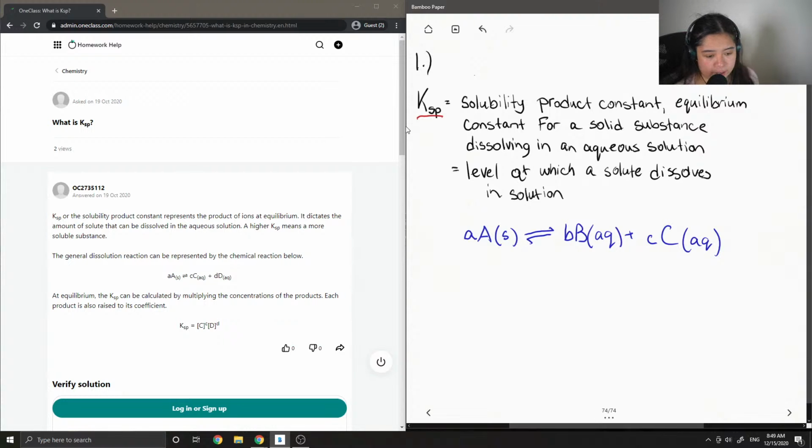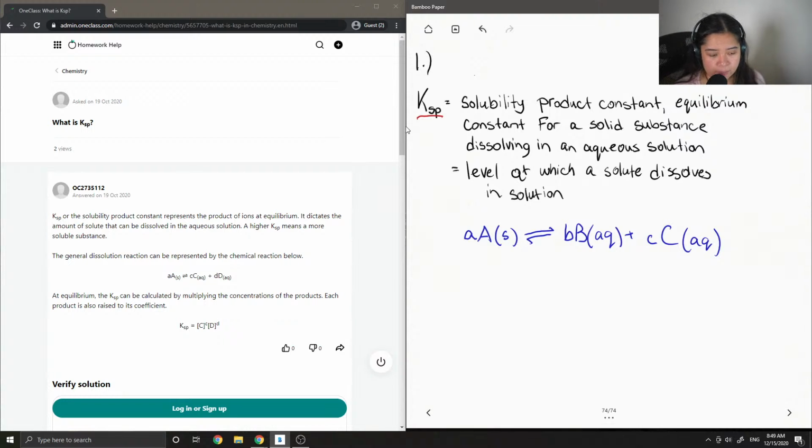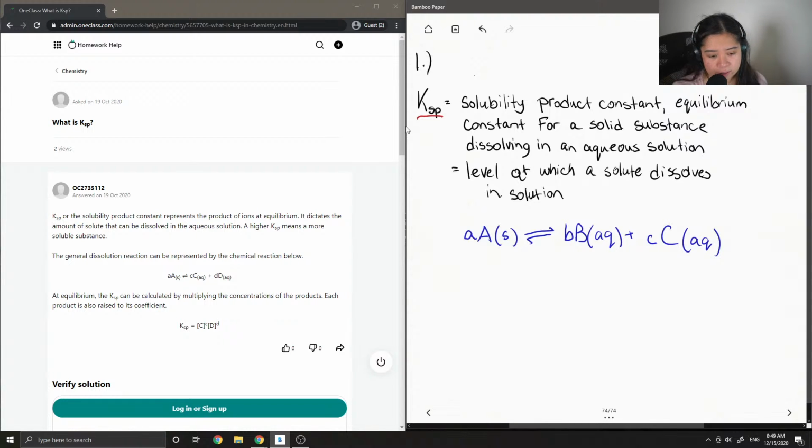So if we imagine this as a balanced chemical reaction, we can say that the smaller lowercase letters would be the coefficients that are placed in front of the elements to make it a balanced chemical equation. So from here, we can write a KSP expression.